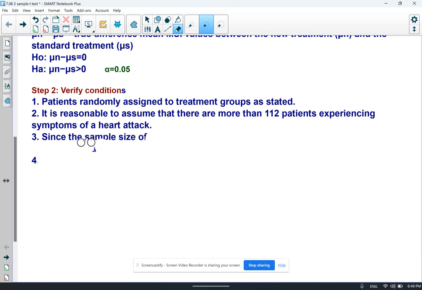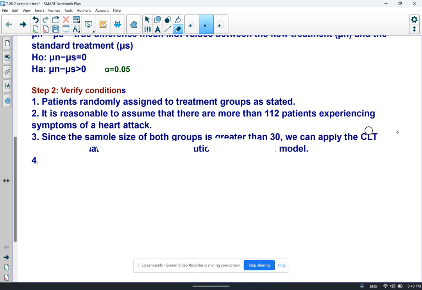And now we can say for that third condition, since the sample sizes of both groups are greater than 30, we can apply the CLT, the central limit theorem, and approximate the sampling distribution with a normal model. Now, again, at any point in this video, since I'm going fairly fast, you could put the video on hold so you can transcribe or enter this into your own problems.